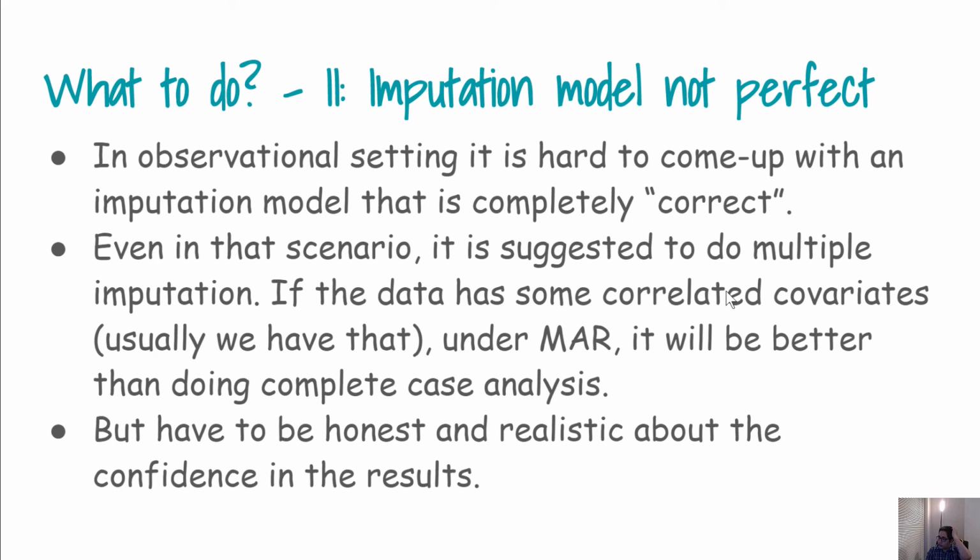Can you still do missing data imputation? Basically the argument is that even if you are dealing with subject area knowledge and all that, and you are working with a real data set, sometimes it is possible that you might not know which variables were relevant that are not measured in your data set.